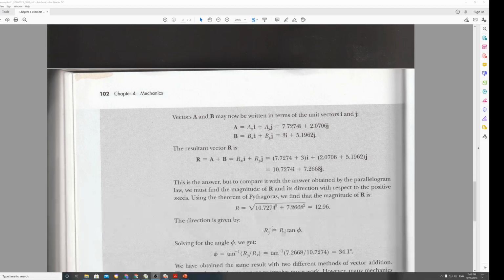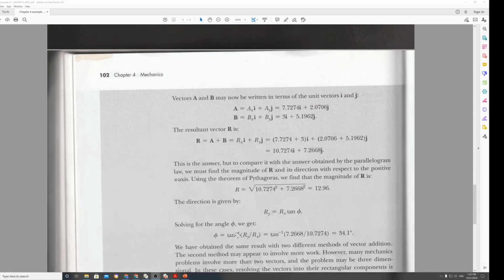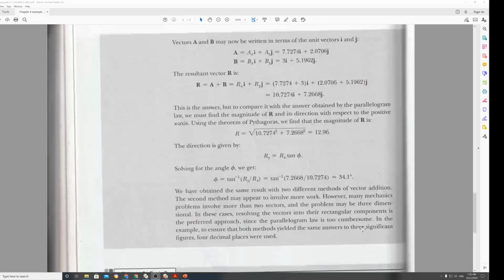You could have used sine or cosine, it really doesn't matter, but we know the opposite side equals the adjacent side times the tangent of that angle. We can rearrange this equation so it becomes inverse tangent of Ry over Rx. We solve for that, and we come up with 34.1 degrees.